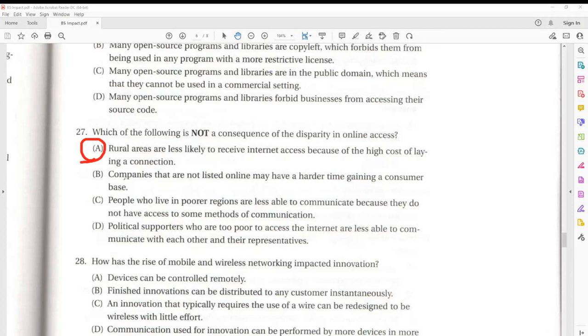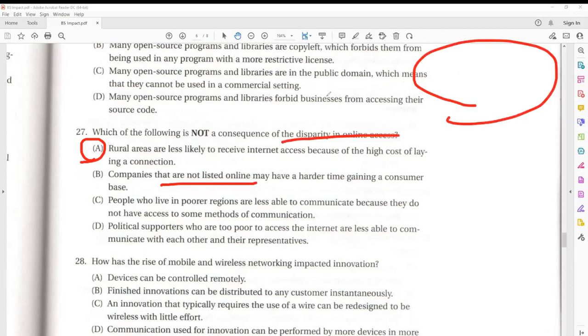How about B? Companies that are not listed on the internet may have a harder time gaining a consumer base. This one, company not listed, is not a result of online access. Online access is that we have the internet and people cannot log in, so they are at a disadvantage. Here, my computer is not listed on the internet, so it has nothing to do with disparity in online access.